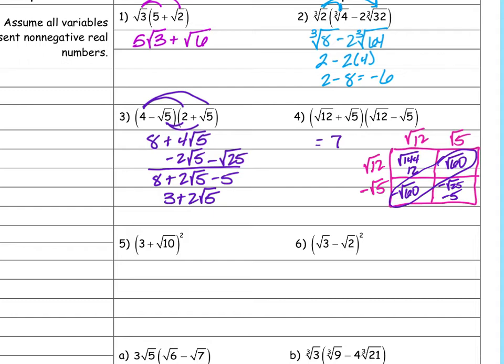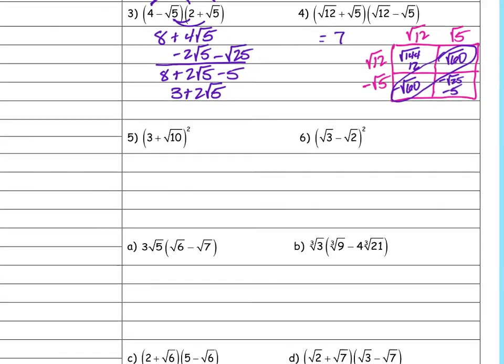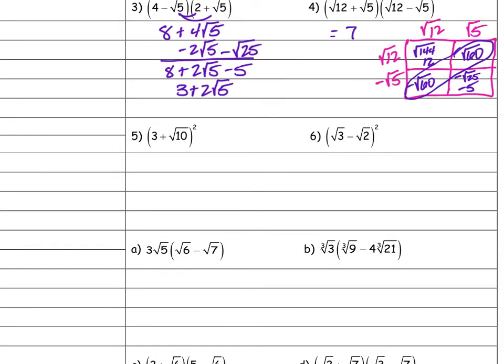Right. Okay, and I can do the same thing on the square, right? What does it mean to be squared? It means to multiply by itself, yes? So if I make my multiplication table here, I've got 3 square root of 10 and 3 square root of 10, which is going to be 9, and then 3 square root of 10, 3 square root of 10, and then the square root of 100, which is 10.